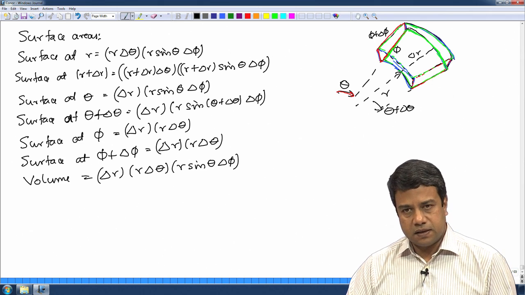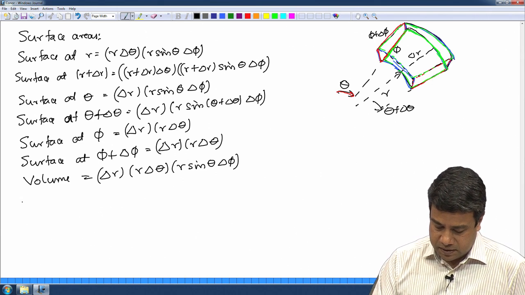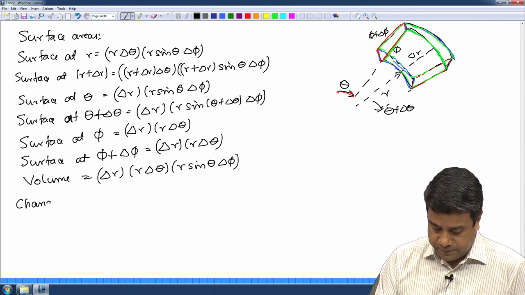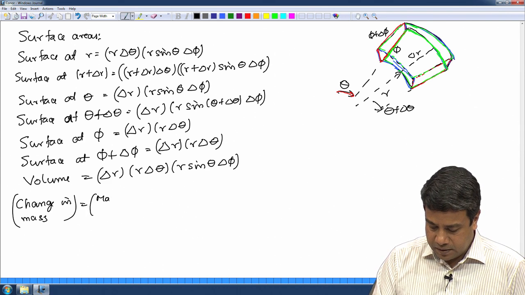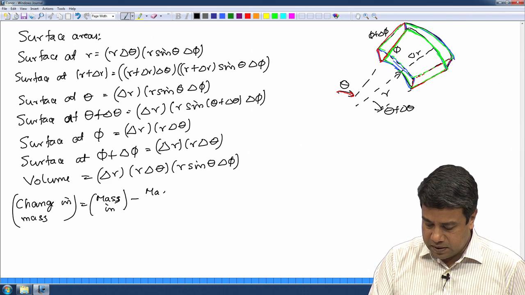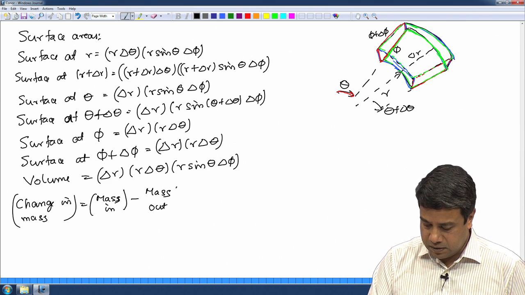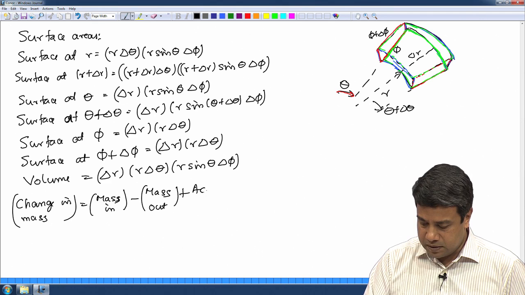And for this I have to write the balance equation, that is change in mass is equal to mass in minus mass out plus any accumulation.